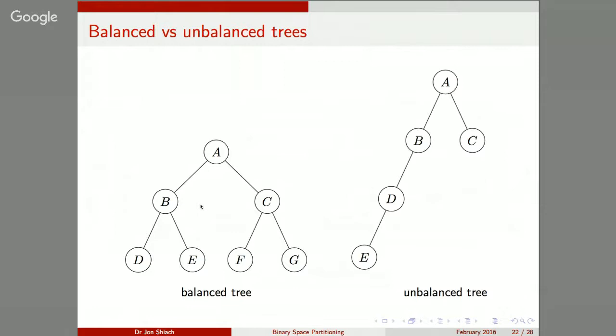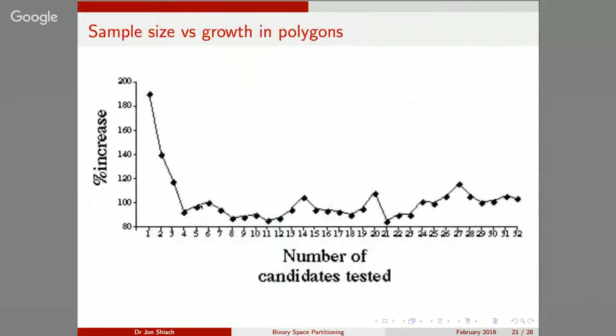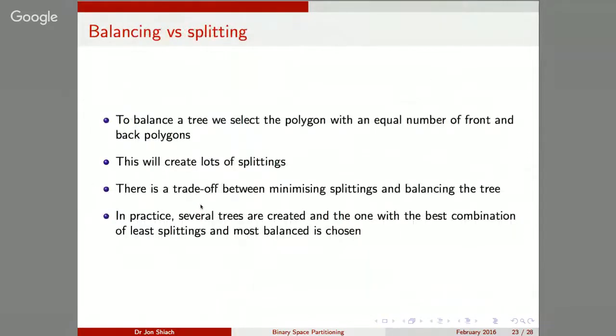So you can see this is sort of heavier, more nodes on the left than on the right. So what you want is balanced. But what you also want is fewer splittings. Okay, so we want fewer splittings, but we want it more balanced. It's a trade-off. You have to sort of compromise.